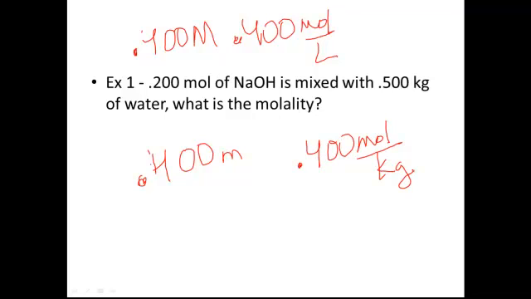Now, if something has a molality of 0.400, does that mean it has a molarity of 0.400? And the answer is no. Molarity and molality are not the same thing. The mass of the solvent, the kilograms of the solvent, the water, most times isn't remotely close to the liters of the solution. So just because the molality is this doesn't mean that the molarity is also the same thing.